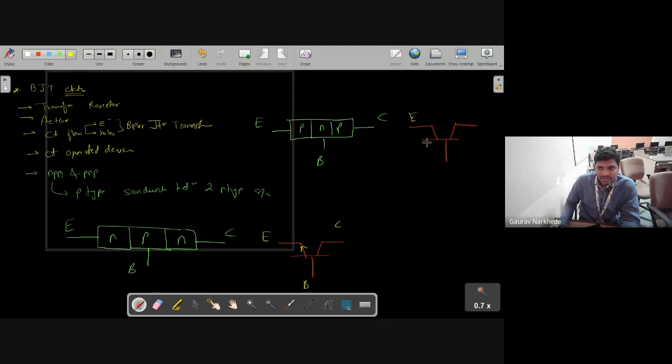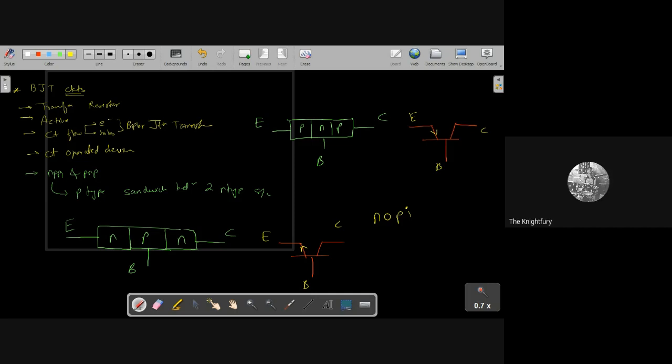So where will the arrow be? On the emitter, right? So in N type the arrow is outwards, and in P type the arrow is inwards, correct? So like this you can remember it: NOT-PIN. Did you understand?